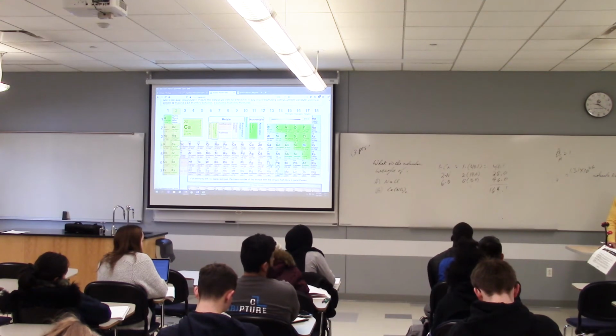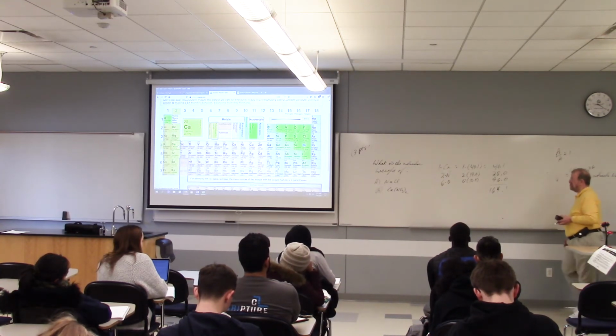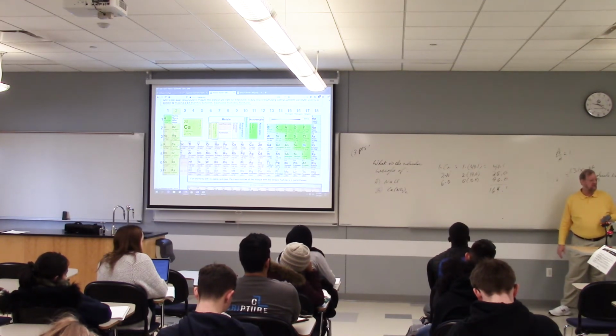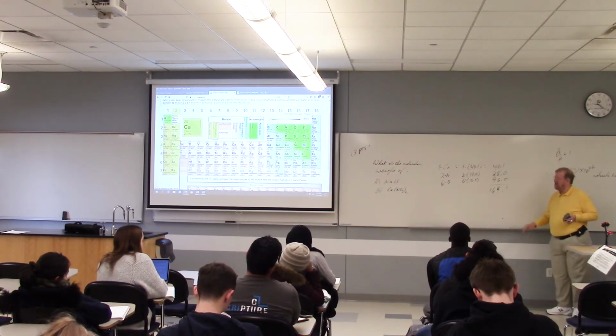For addition, you have the same number of significant figures past the decimal point as the number you're adding that has the fewest significant figures past the decimal point. When you have a decimal point, which these all do, zeros past the decimal point are significant. So, 1, 1, 1, 1, I'm done.